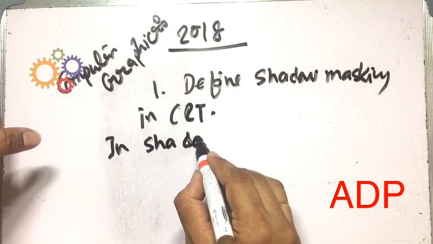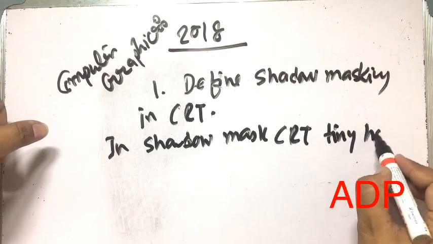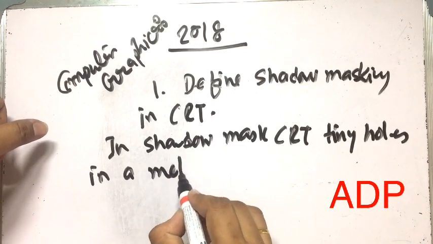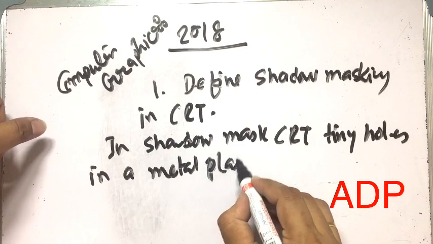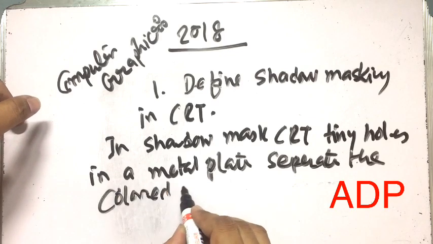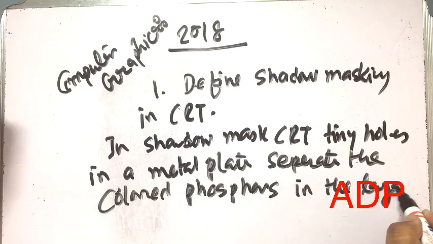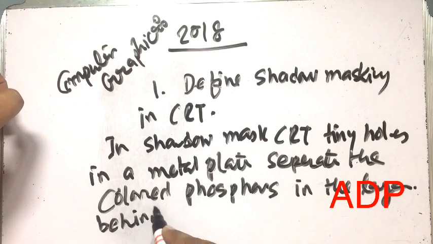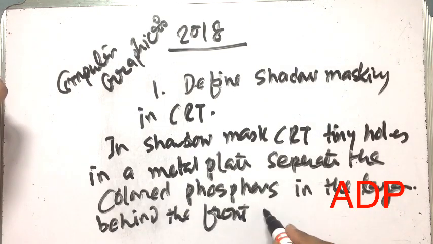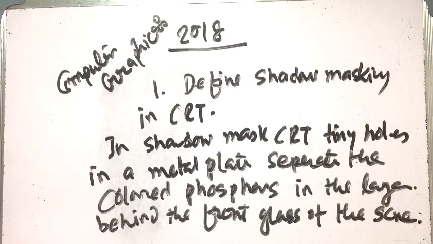In a shadow mask CRT, tiny holes in a metal plate separate the colored phosphors in the layer behind the front glass of the screen. There is a shadow mask metal.